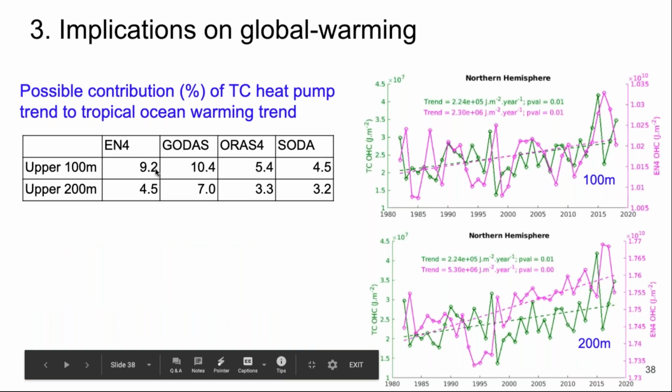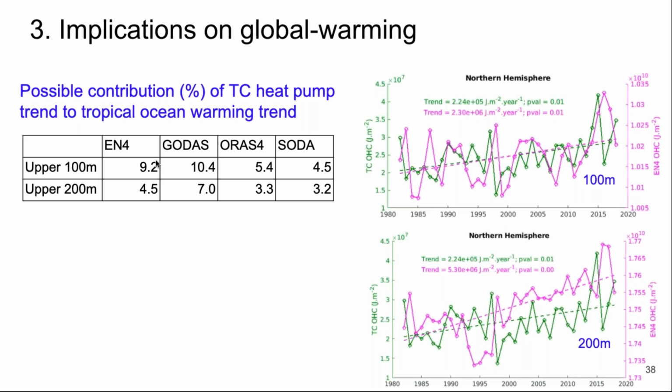And so this shows the relative contribution of the TC-induced heat pump for the upper 100 meters in the Northern Tropical Hemisphere. For EN4, it ranges from 4.5 to 10.4% for the upper 100 meters, and from 3 to 7% for the upper 200 meters.